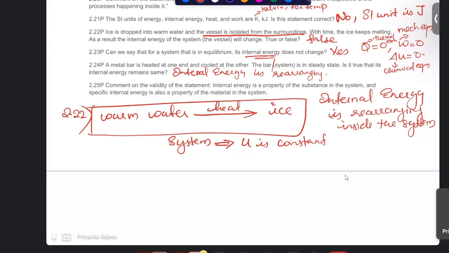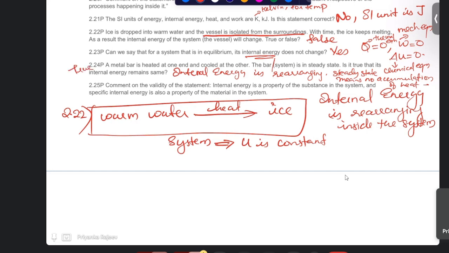Steady state means no accumulation of heat. That's it. Okay, so that is true.